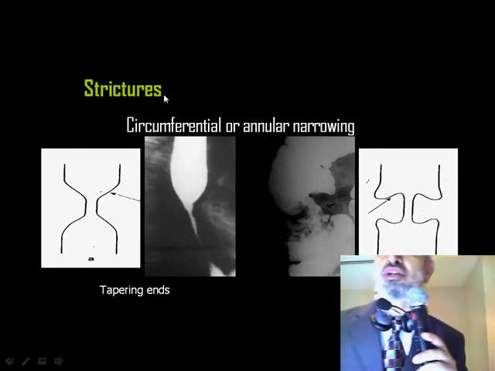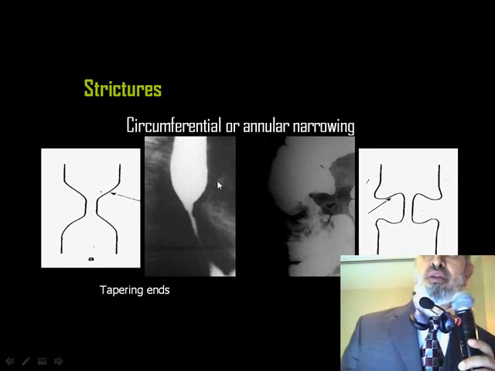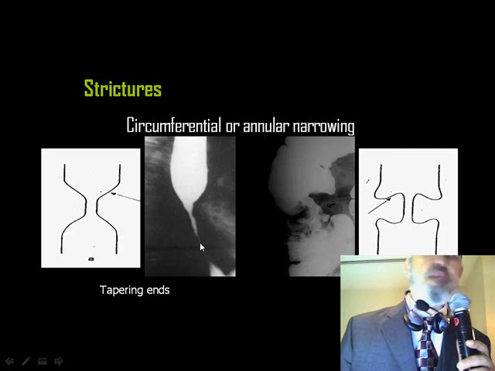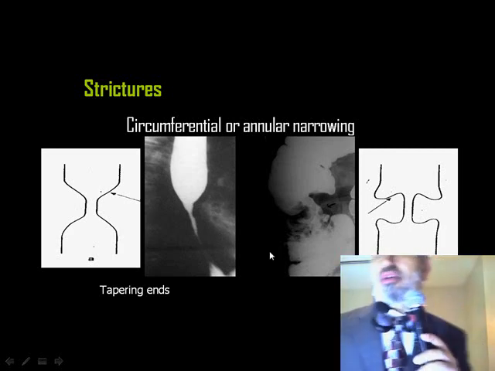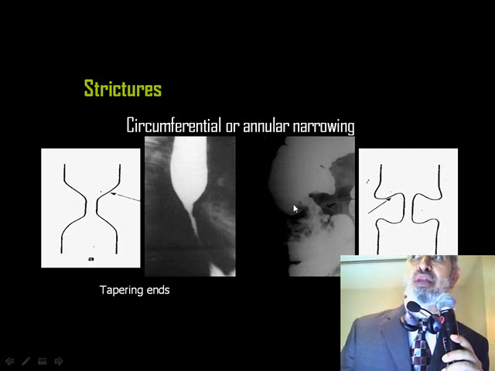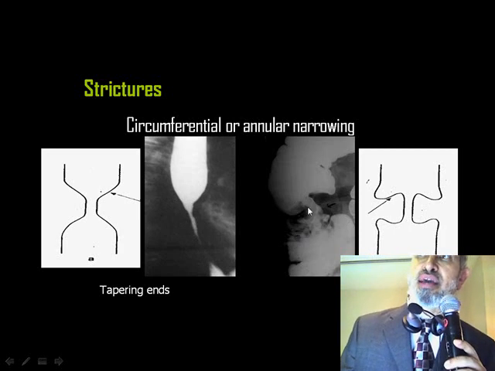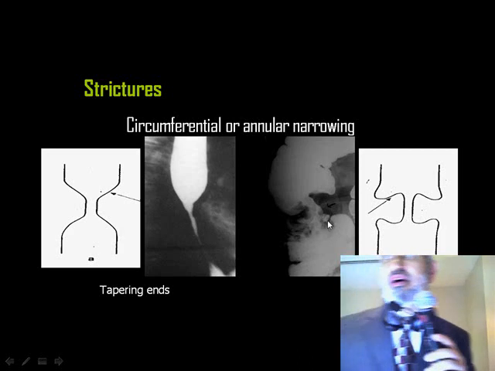Then what do we mean by a stricture? Stricture means narrowing of the lumen. And narrowing of the lumen may be smooth and tapering like this, which is most likely a benign lesion. Or maybe like this, which has what we call proximal shouldering, distal shouldering, and an annular narrowing in the middle.